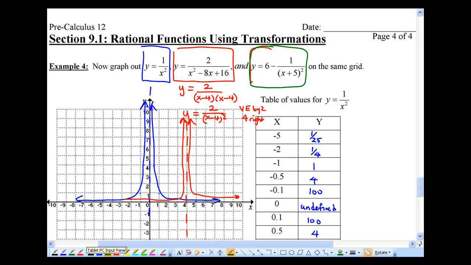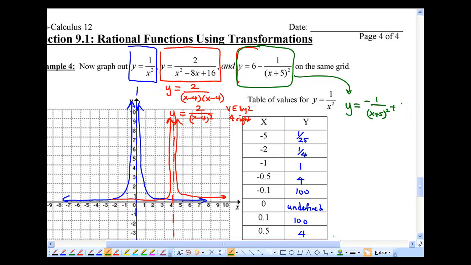Now, you need to identify all the different transformations that have occurred. Okay? If you do that, life is good. I'm going to rewrite this over here as y equals negative 1 over x plus 5, all squared, plus 6. I think in this format, it's a little bit easier for us to see the transformations.